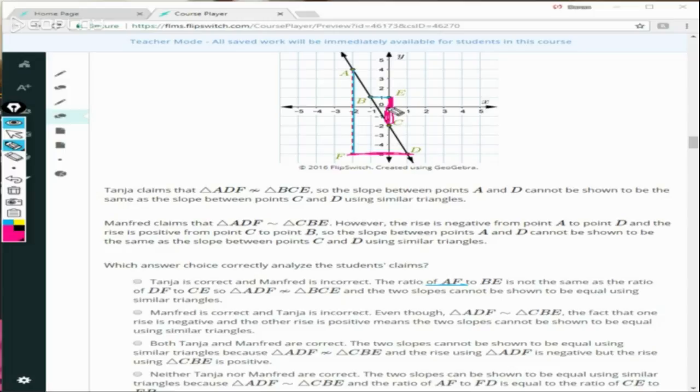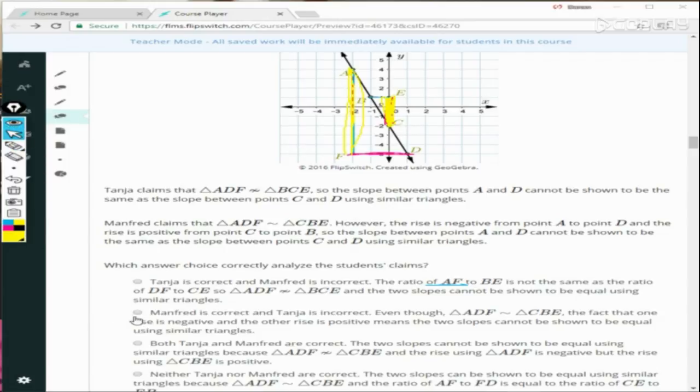Well, my first problem with that statement is she's not comparing corresponding sides. AF should be compared to CE because they are both the vertical height of the triangle. It's their corresponding sides.